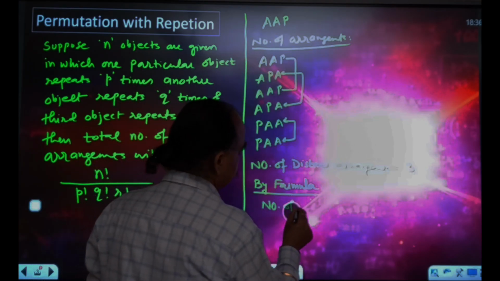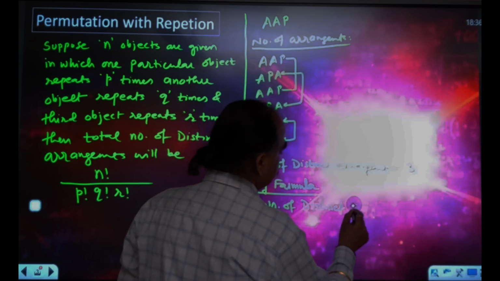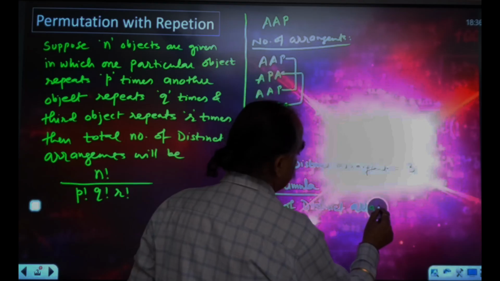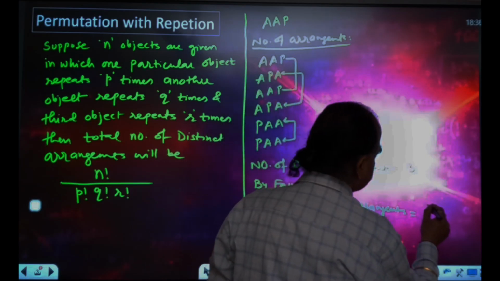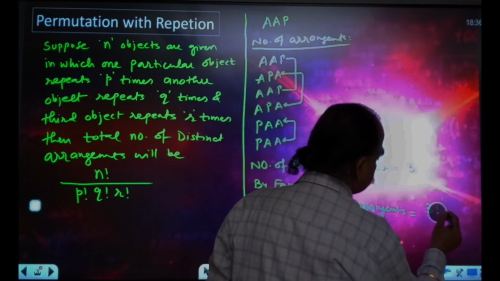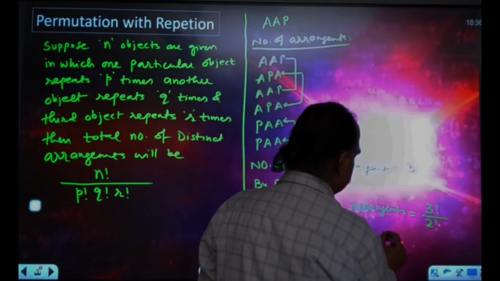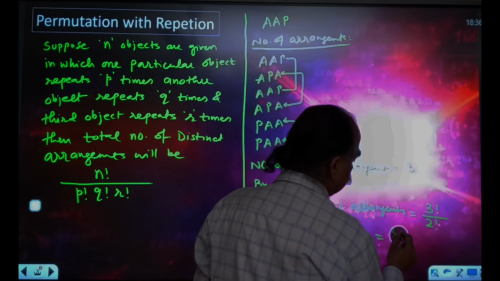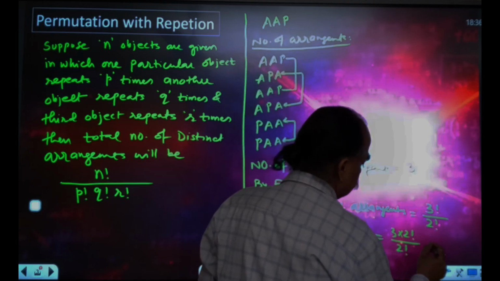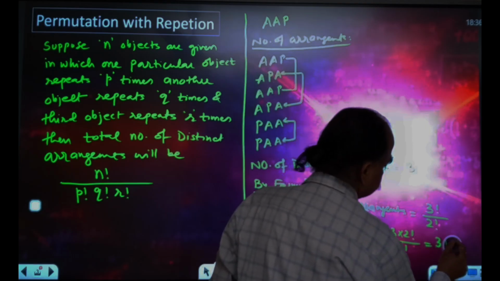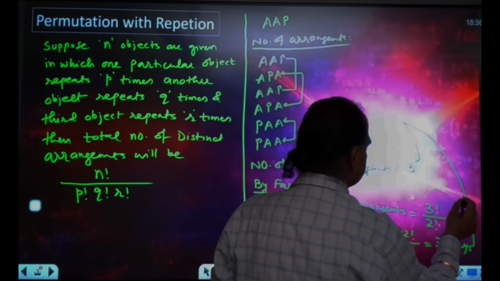Number of distinct arrangements will be what? Total number of letters 3, so 3 factorial. A repeats 2 times, so 2 factorial. 3 into 2 factorial upon 2 factorial will give you 3 ways, which is same as this.